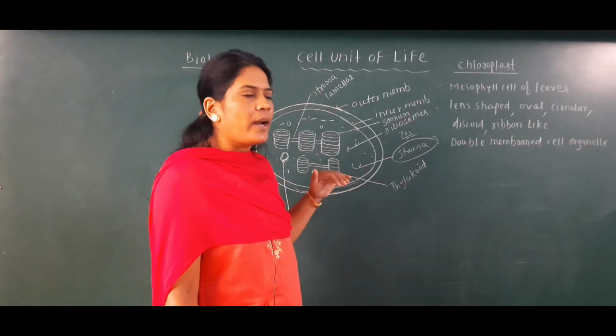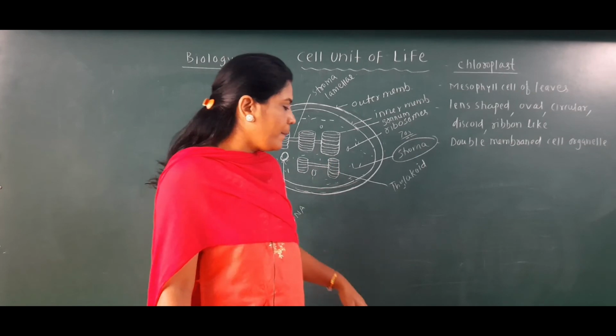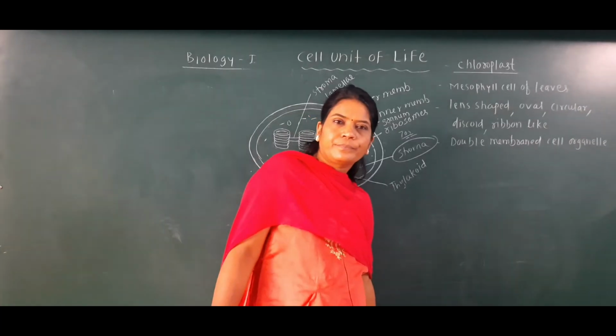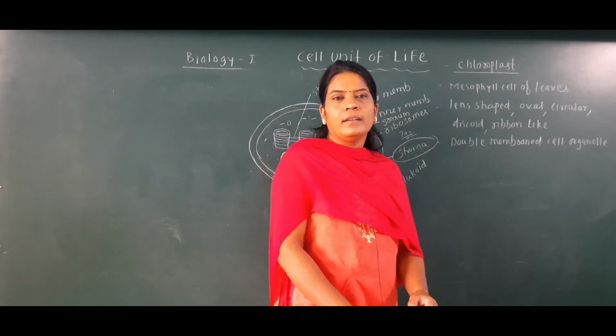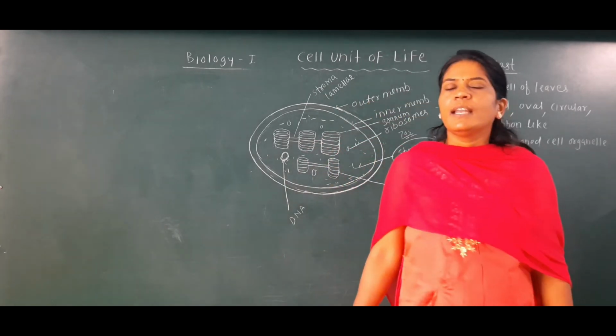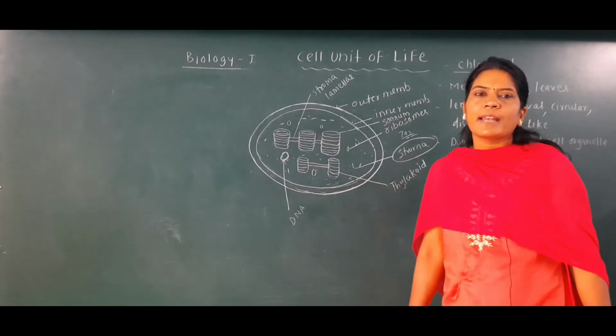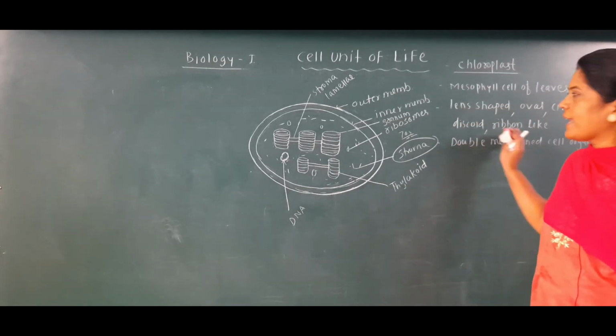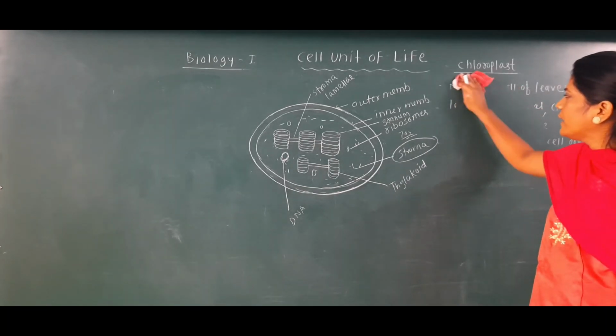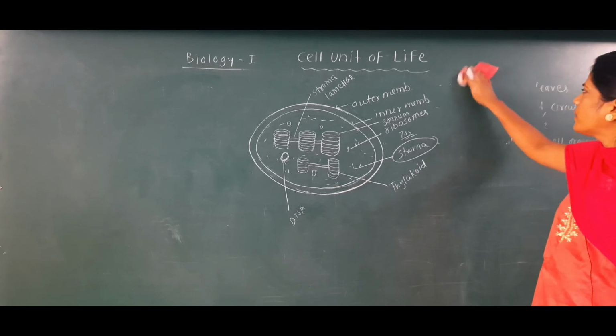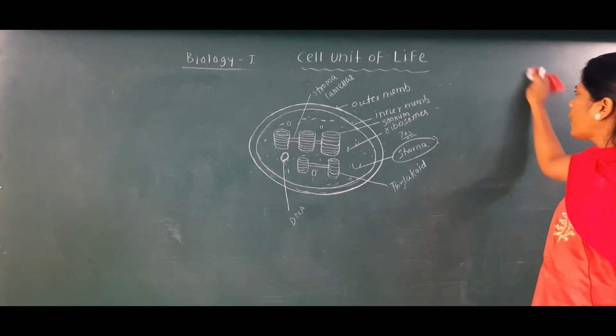Which are those points? Here we have to see that this chloroplast has two parts. One is called the stroma part and the other part is called the grana part, because we have seen that the single structure which is present in the thylakoid is called the grana.